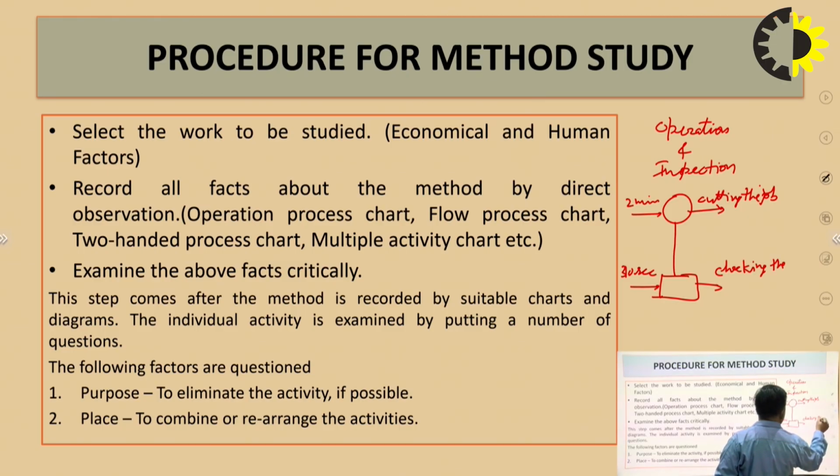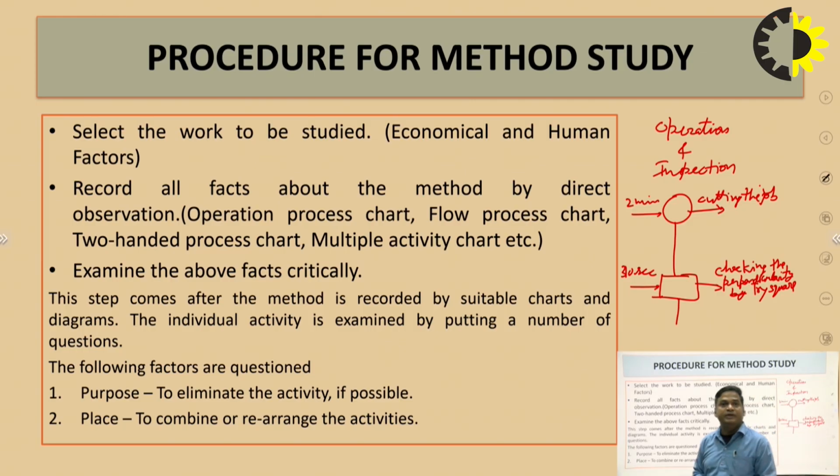Checking the perpendicularity by chi-square. So these 2 symbols are basically used. First is the operation, cutting the job, and then checking the perpendicularity by using chi-square. So this is the operation process chart.